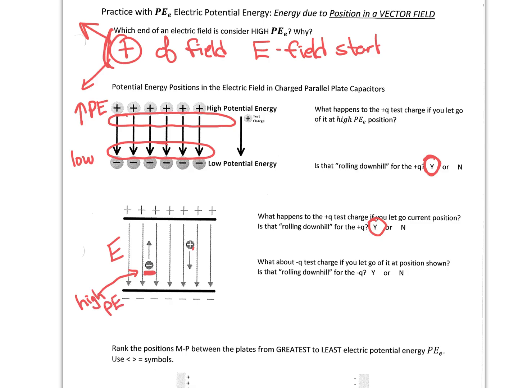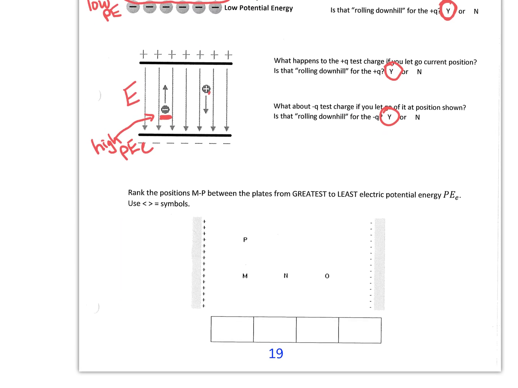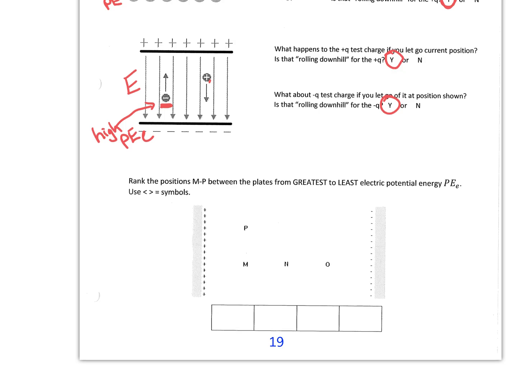And I bet you think that's confusing because we said that the high potential energy was near the positive, but that's for a positive charge, right? The convention. But electrons have high potential energy at the other side. So if you let a negative go and it flowed to the top of that field, that would also be like rolling downhill.